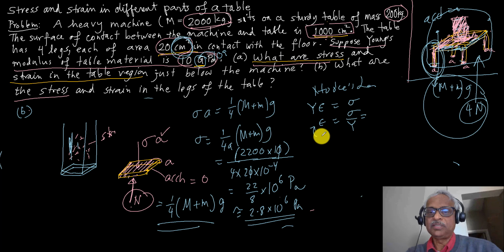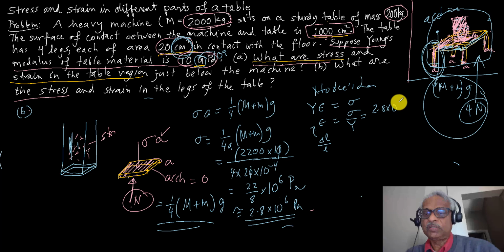So this stands for delta L over L, and sigma over Y is 2.8 times 10 to the power 6 over 10 times 10 to the power 9.